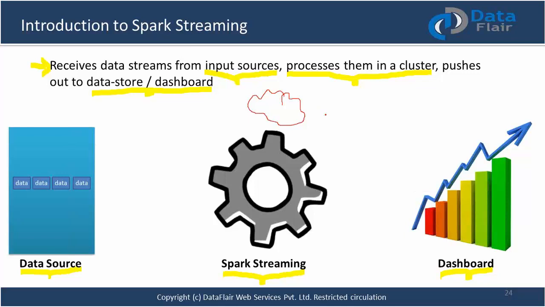In the live streams, in real time, you will get the data, and not only will you get the data in real time, Spark will process the data in real time, and it will generate the insights, it will generate the reports immediately.